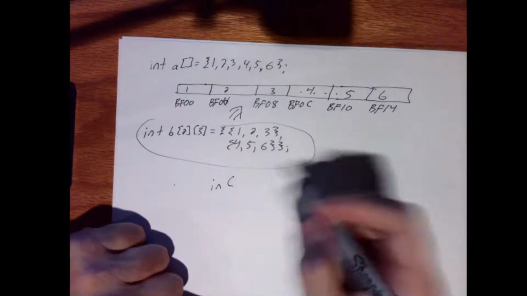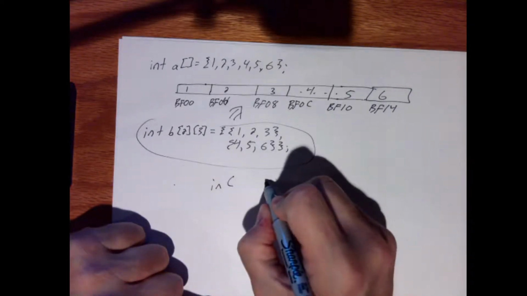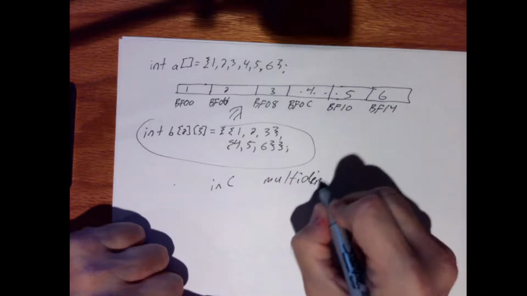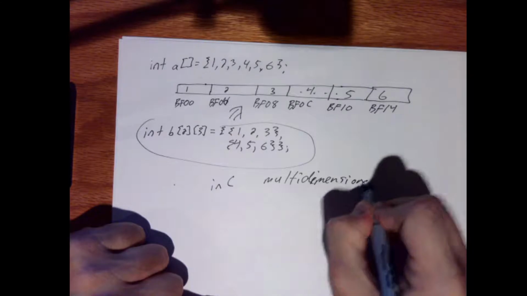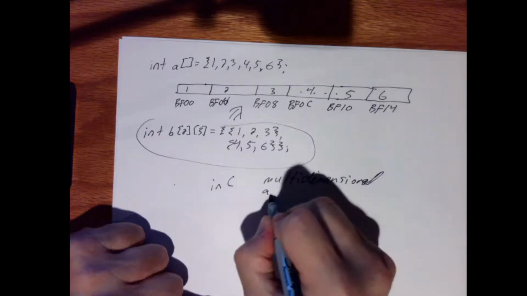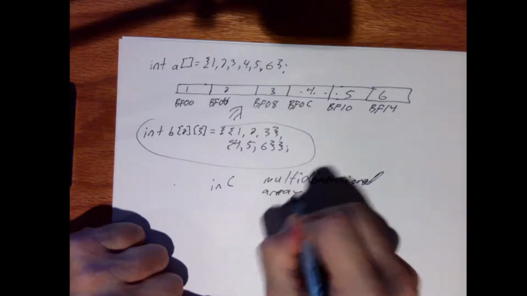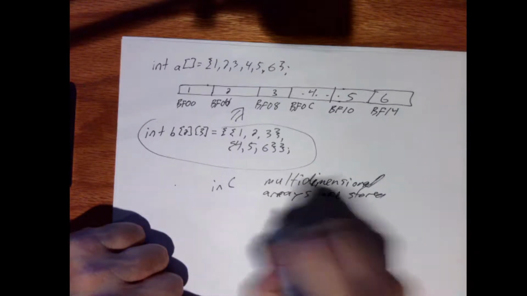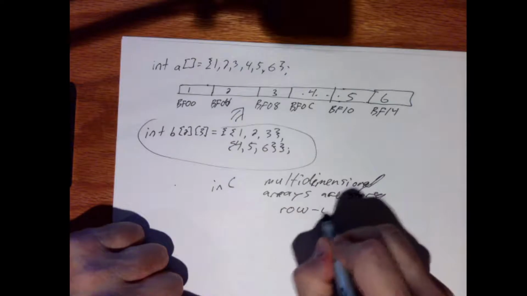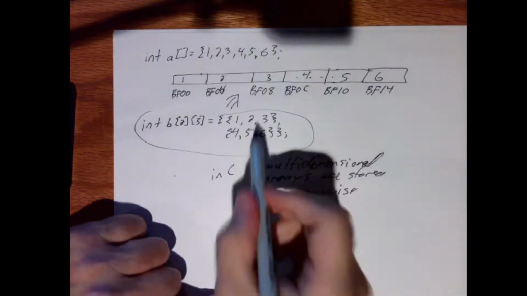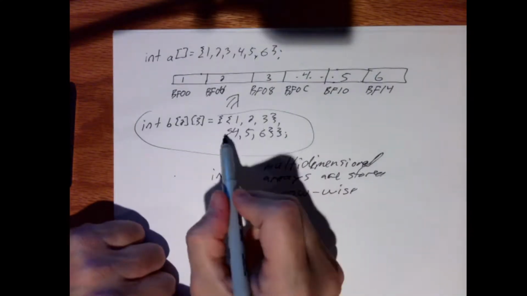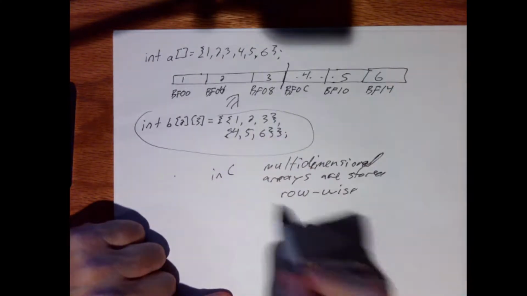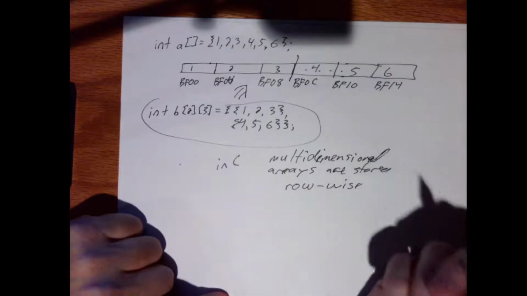So in C, multi-dimensional arrays are stored row-wise. That means even though I see it as multiple rows, the second row is right after the first row because here's where my second row begins, and so forth.